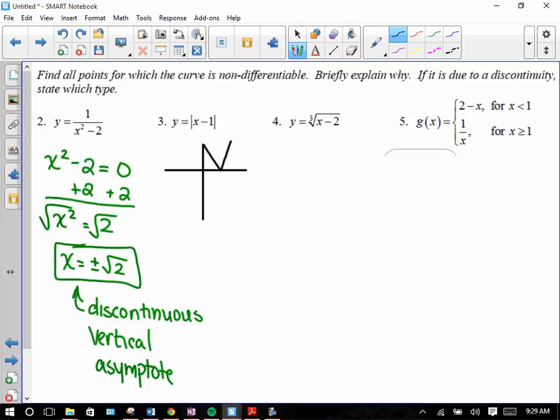A corner. The corner occurs at what x value? x equals 1. That gives us a corner. We know that corners are not differentiable, because if you look at this, the derivative going this way would be -1, and the derivative going this way would be positive.